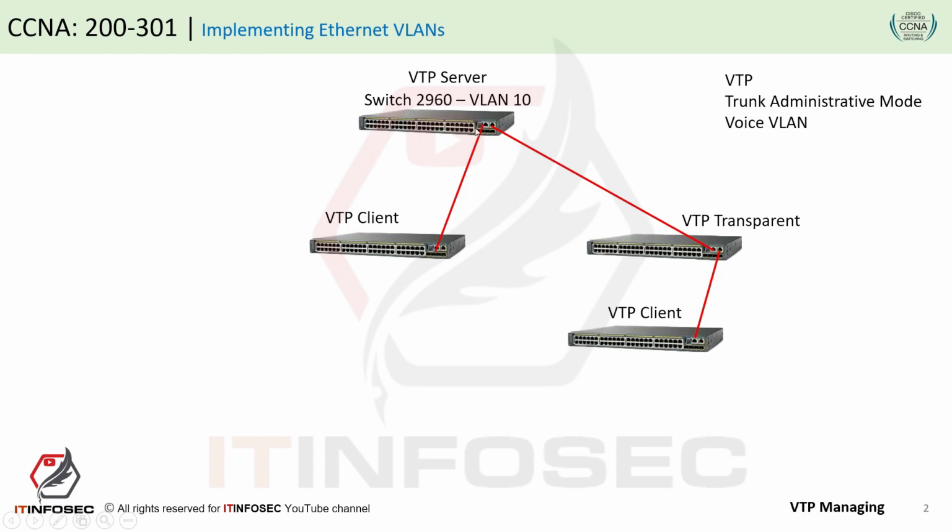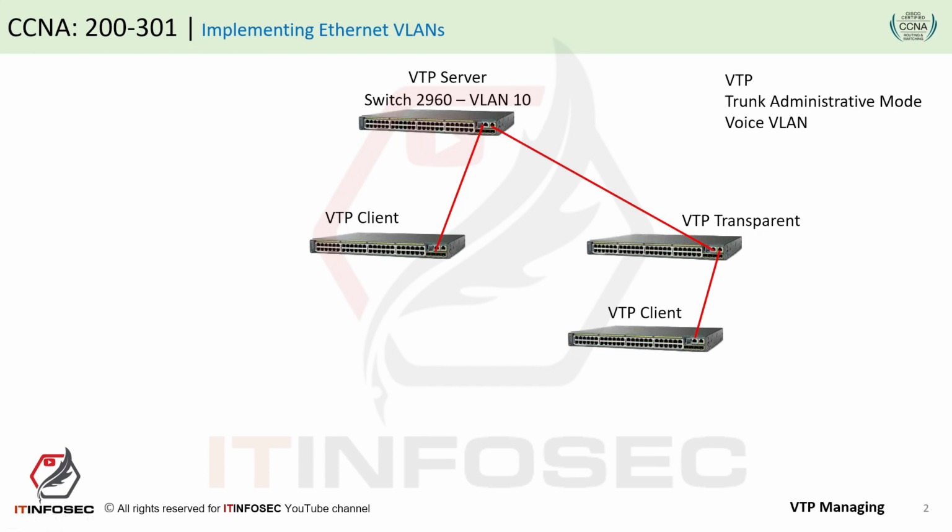We just want, when the VTP server sends the VLAN database to our VTP transparent, it to pass through the VTP transparent without causing any creation of VLANs on it, and pass through to the VTP client and apply on this VTP client switch.